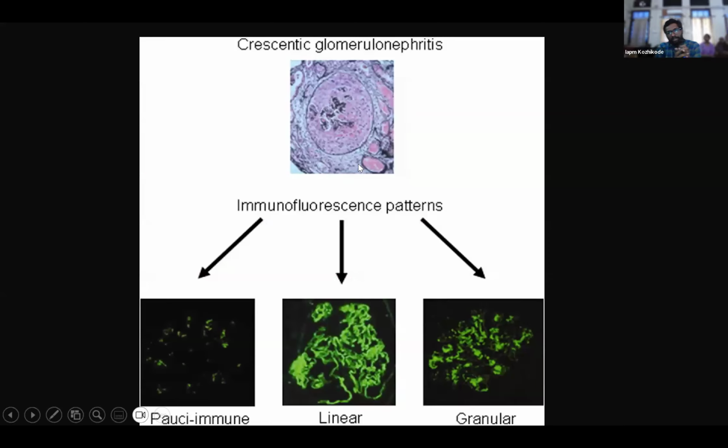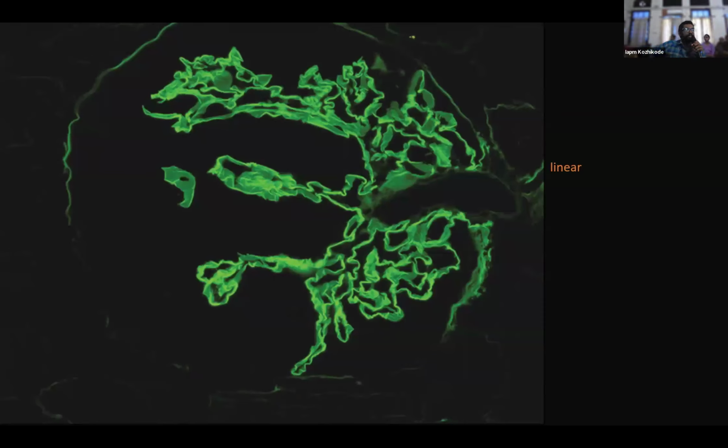Crescentic glomerulonephritis is divided depending upon the immunofluorescence pattern. For some, the immunofluorescence would look like this, the linear pattern. It would look like somebody has drawn with a green fluorescent pen over there. That is the linear pattern seen in anti-GBM.